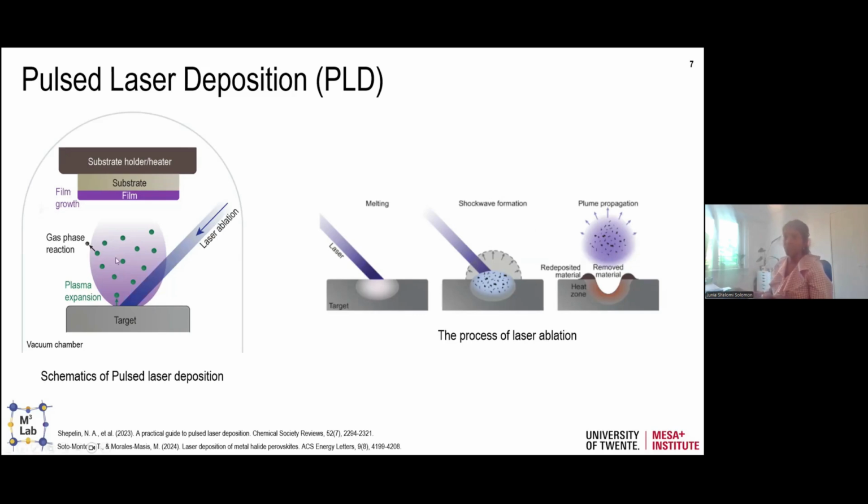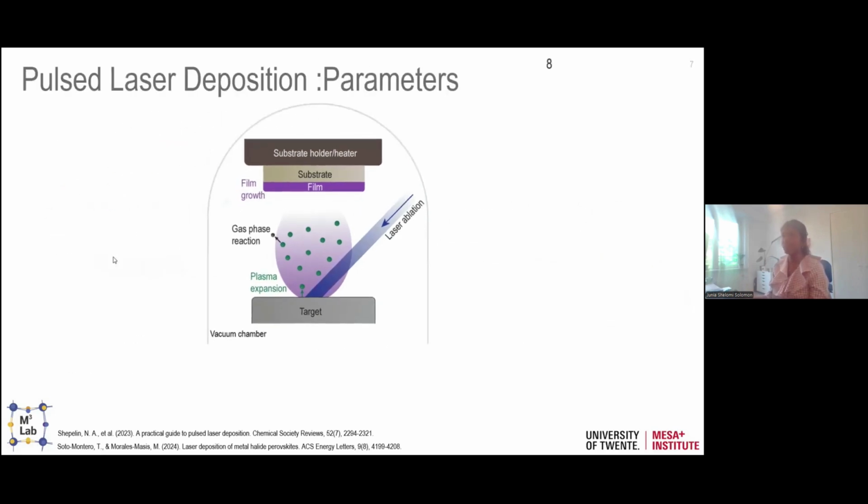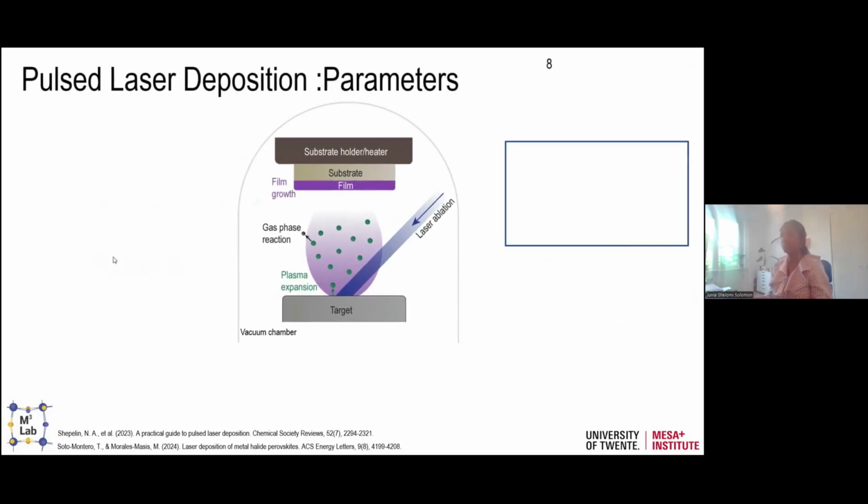This plume undergoes gas phase reaction because of the background gas in the vacuum chamber. We introduce an argon gas. And in the direction of the plume is where we place the substrate, and that's how you have your film growth. And for the PLD itself, there are different parameters that you can tune to grow your film.